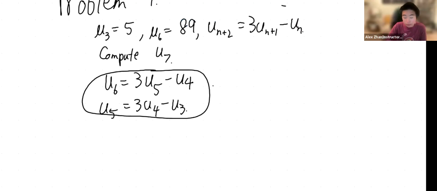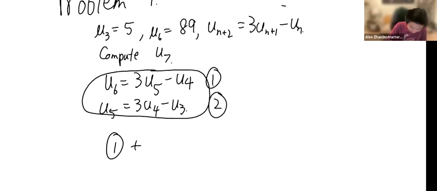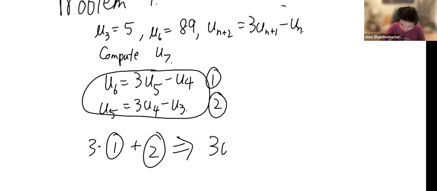And then, by multiplying the first equation by 3 and adding it to the second equation, what we get is equation 1 times 3 plus equation 2. So 3U6 plus U5 is equal to 9U5 minus U3.